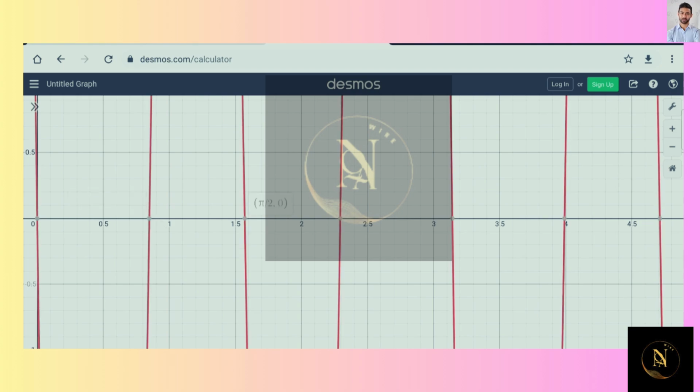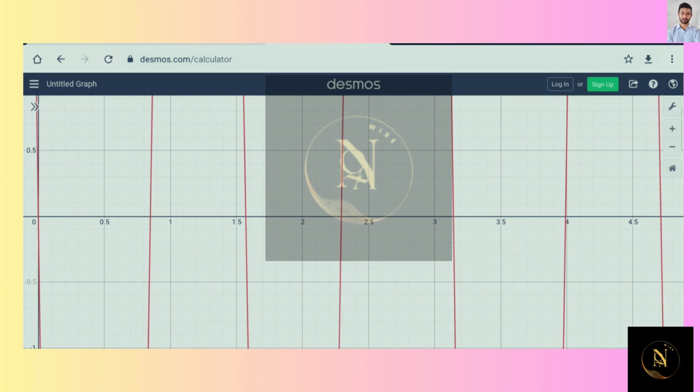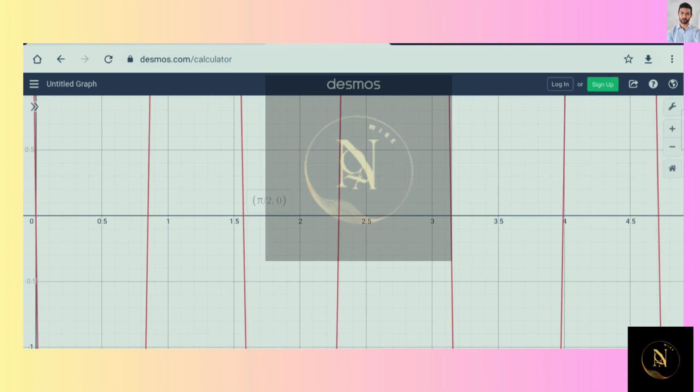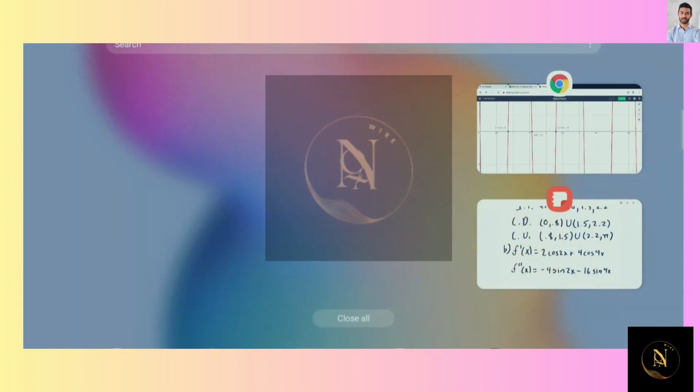So we were close on this first one, around pi over 2, so a little bit above 1.5, and then 2.29-ish. So our 3 inflection points were a little bit off, but they were all pretty close. They were within 0.1 of the actual answer for pretty much all of these. So we can say that we have an inflection point at around 0.85, at pi over 2, and at 2.3.